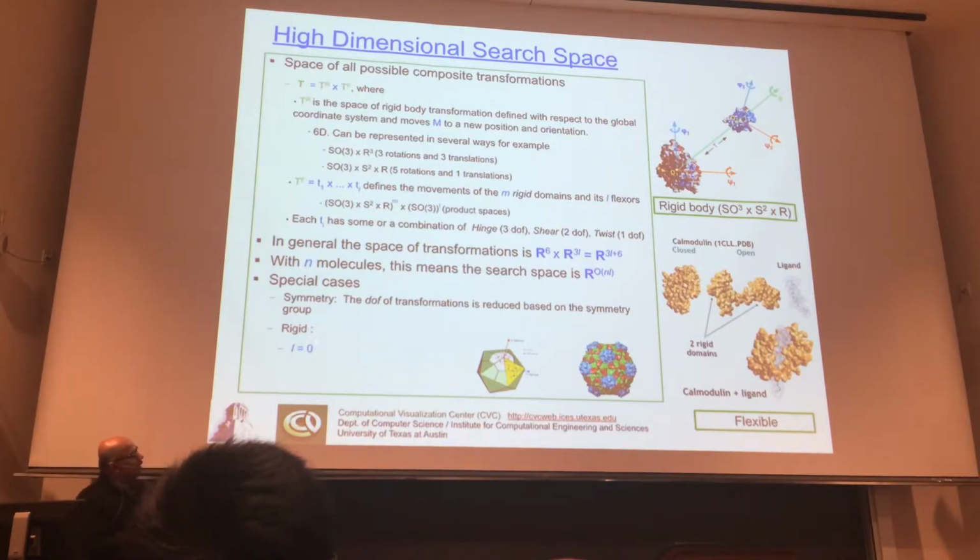Now symmetry will always reduce your state space, just because the number of copies, the number of n are the same, so there's a reduction in n, and there'll also be a reduction in L because many symmetric configurations can be analyzed in the same way, right? And of course when L is rigid, then you're down to only 6 dimensions space.